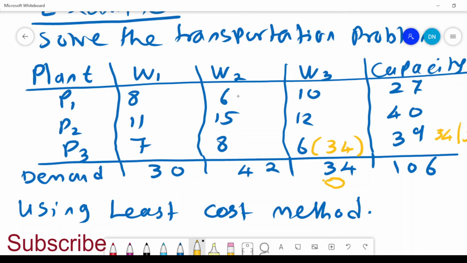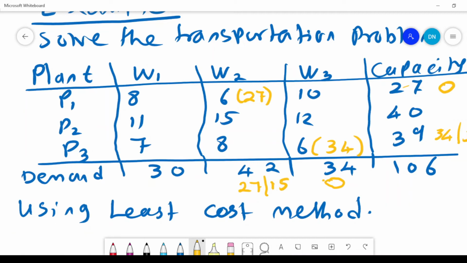So because P1 can only produce 27, but W2 requires 42, you cannot give more than what you produce. So this one will give all the units. It will be left with 0. But W2 has received 27. There's still a balance of 15 that it will require either from P2 or P3.